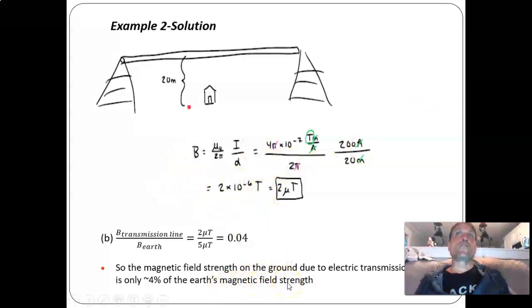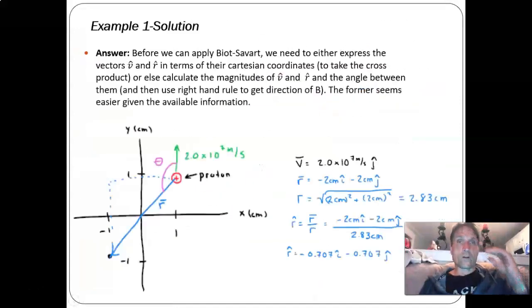So if you stand there on the ground with a compass, your direction of the magnetic field would not be moved much by the presence of the current going through the transmission line. That magnetic field would not significantly alter the field due to the Earth, as seen by the compass, the direction.